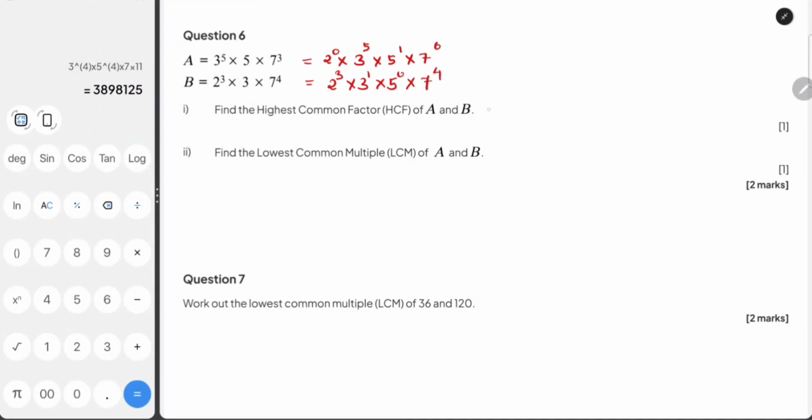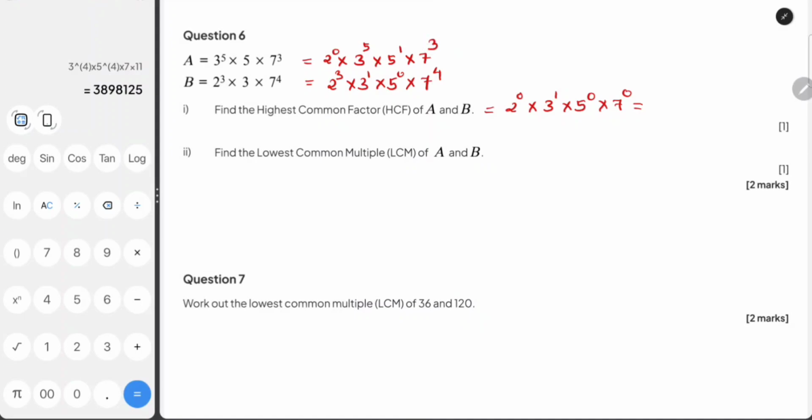Now for HCF, let's take the lowest power. So 2's lowest power is 0, 3's lowest power is 1, 5's lowest power is 0 and 7's lowest power is also 0. So it's just 3 into, I think there's some mistake. Yeah, this is not 7 raised to 0, that's 7 raised to 3.